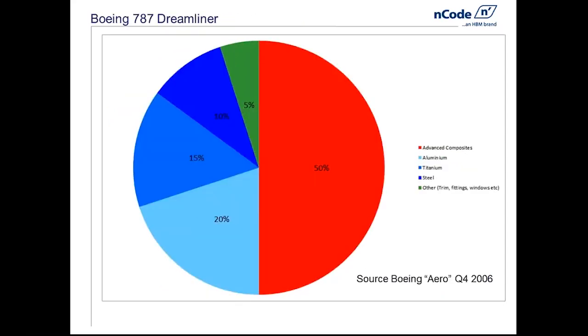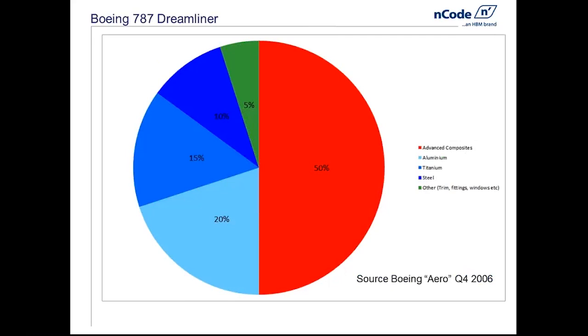If we go now to the opposite extreme, something that is highly composite dominated, I suppose is probably the correct word to use, is our friend the Boeing Dreamliner. And in this, 50% by weight is advanced composites, and then the balance is metal, and then there's other, which I presume are things like the trim, the seats, the windows, the transparencies in the front, and things of that ilk.